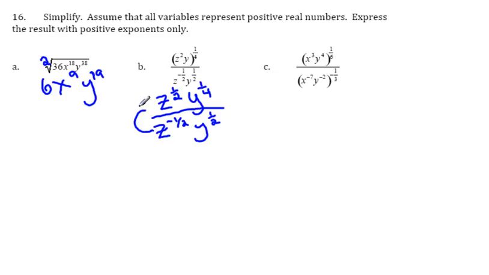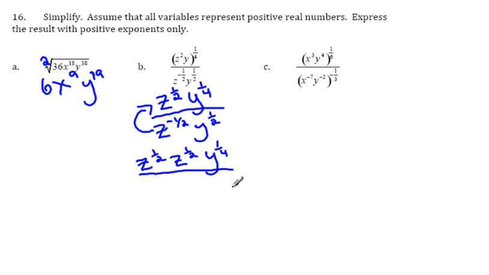I'm going to move this up to the numerator, and now I have z to the positive 1/2, which I already had there, and I have y to the 1/4. In my denominator, I still have y to the 1/2.